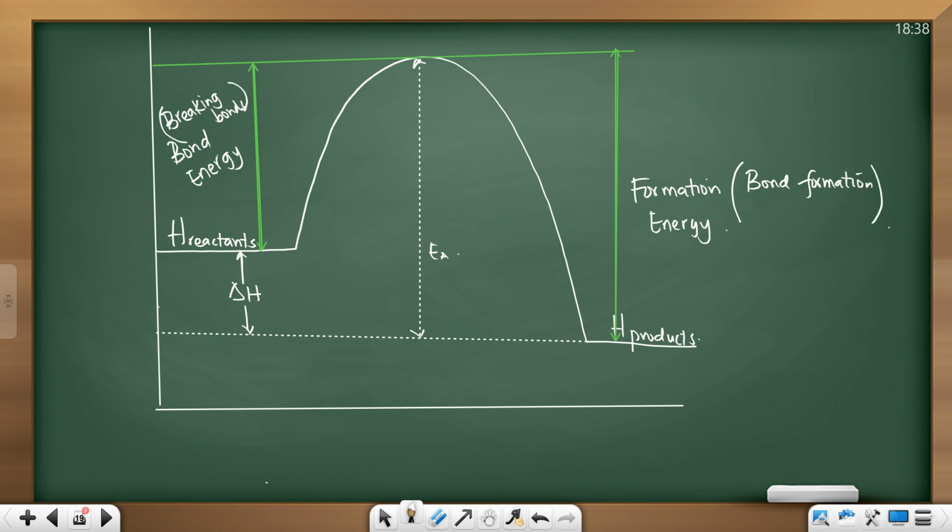If I had given you this note, it could have solved this problem. To break the bonds, we start from the reactant, and to form the bond, it's on the product side.